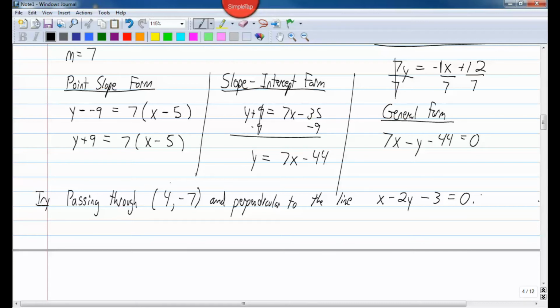So take a few minutes and work that one out and write your answer in all three forms.